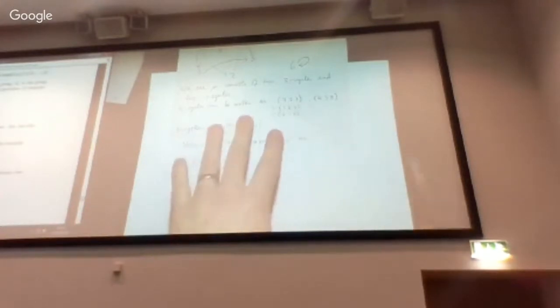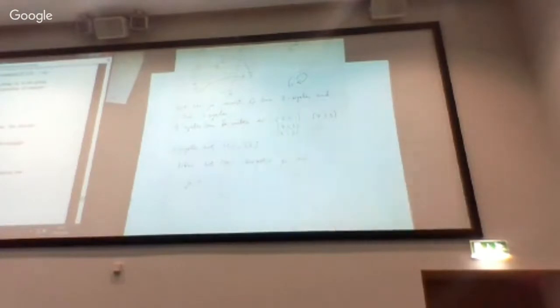So 7, 2, 1 is a cycle. It's a permutation of those 3 objects. So we can compose these like this. So we can do 7, 2, 1 after 4, 3, 8. And that's after the trivial cycle 5 and the trivial cycle 6.